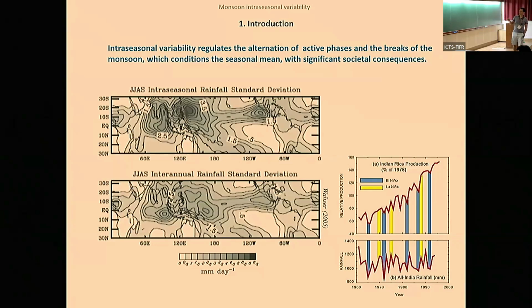But when you look at interannual variations, they map pretty well with the interannual variation of the all India rainfall. So we have interaction of scales with some practical impacts.